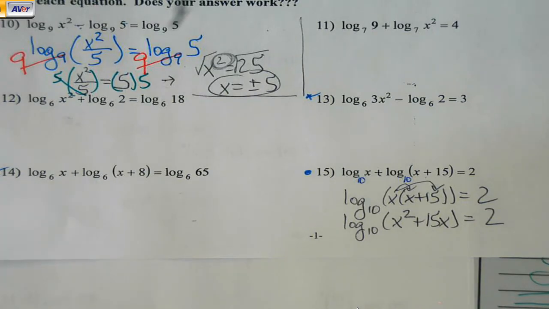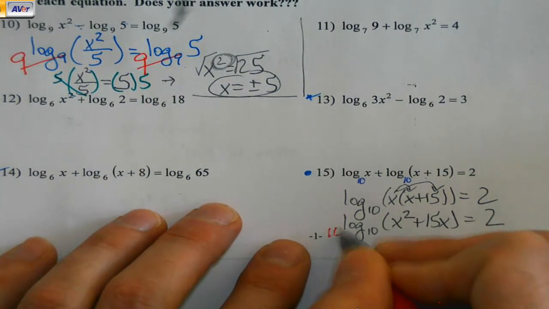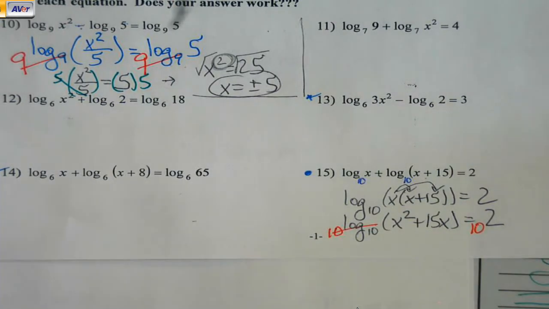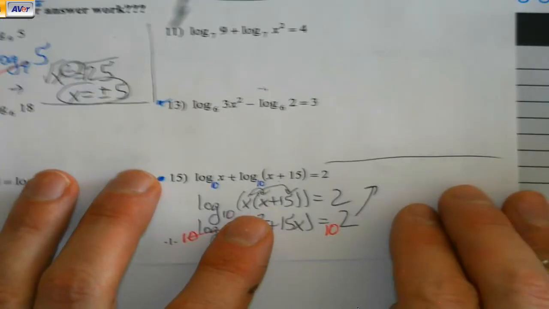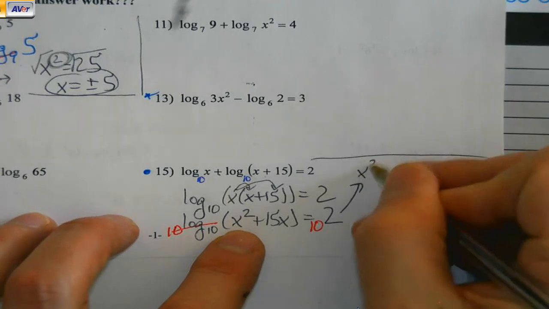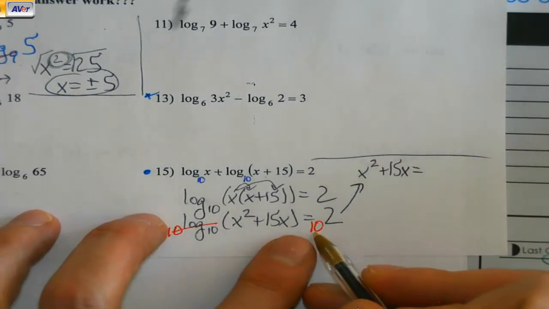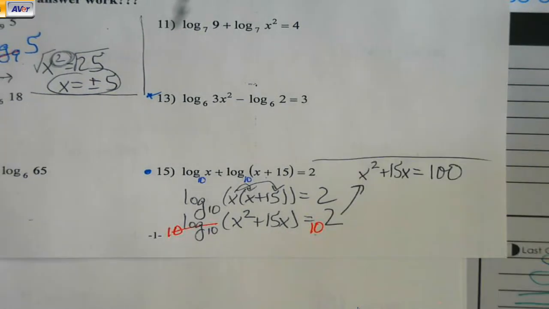Now we're more to a part that we're used to. It's time to exponentiate. It's because I got to get this log out of the way. So I'll get my 10 out of there. We're going to work up to the side here a little bit, so let me scooch over. So I've got x squared plus 15x equals 10 squared, which is 100.